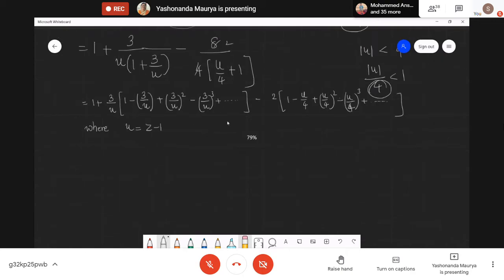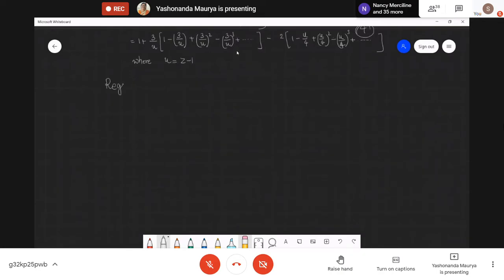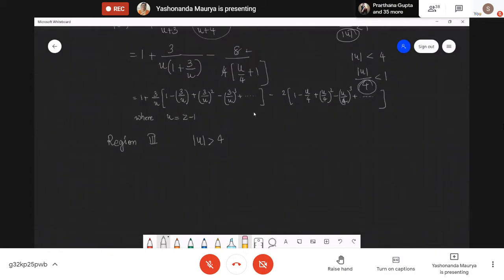Now the last one, the region number 3. Region 3, that is mod of u is greater than 4. So the function is f of z is equal to 1 plus 3 upon u plus 3 minus 8 upon u plus 4.